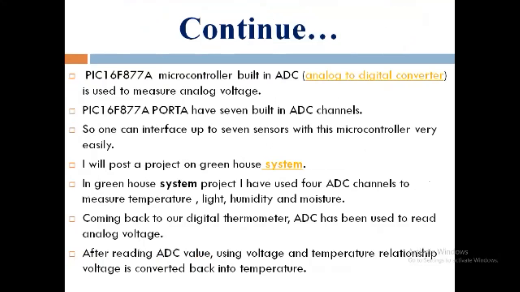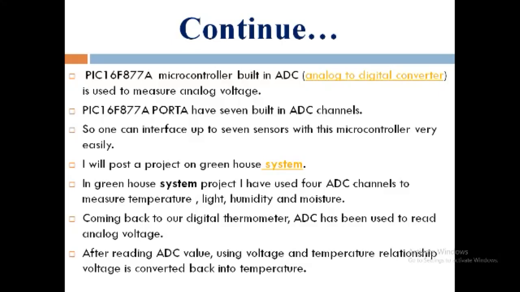Then the PIC 16F877A microcontroller's built-in ADC, that is analog to digital converter, is used to measure the analog voltage. Then PIC 16F877A port A has 7 built-in ADC channels, so one can interface up to 7 sensors with this microcontroller very easily.